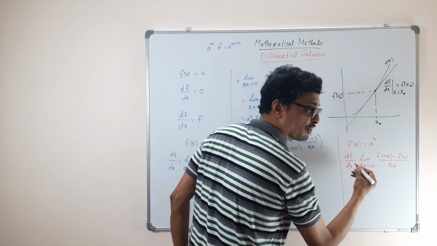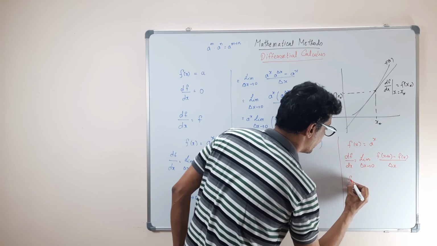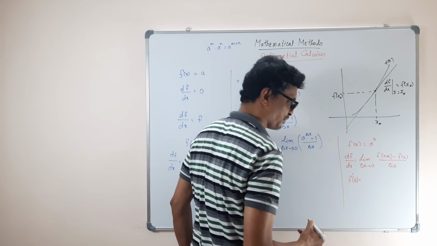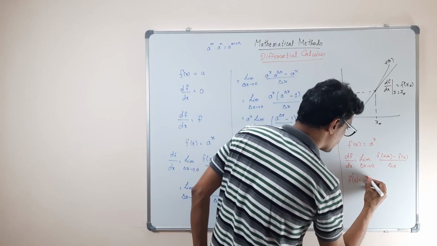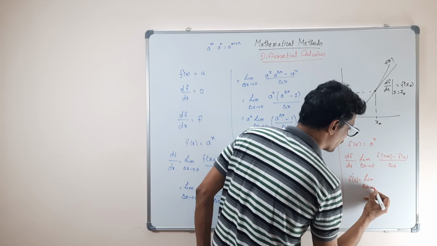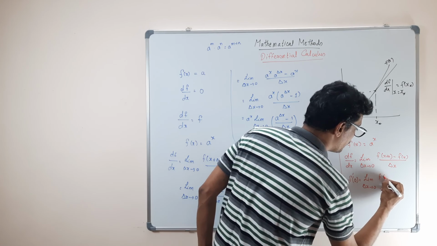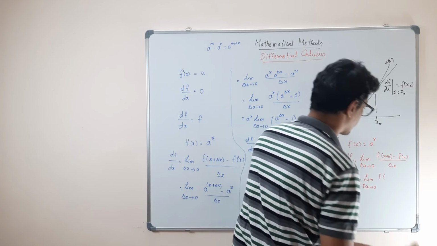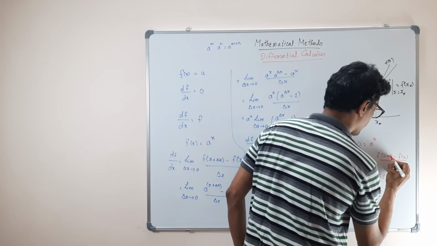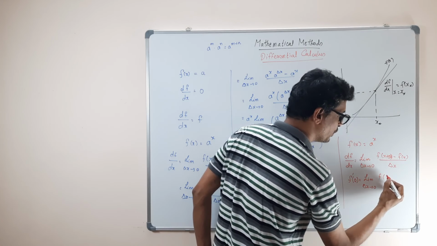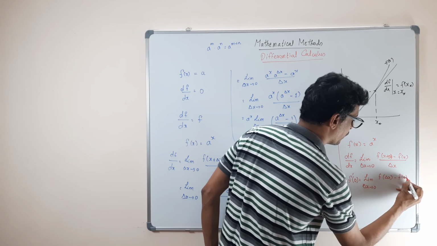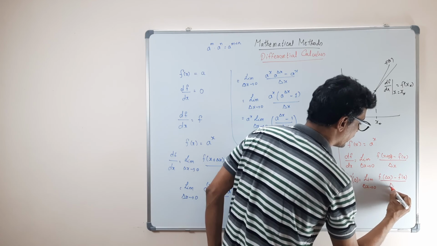Okay, so let me write it as f prime, that makes it short. f prime at x equal to 0. Then what happens? This will be limit delta x tends to 0, f of delta x minus f of 0 divided by delta x. Oh, sorry, I wrote it wrongly. Why didn't you correct me? Delta x. Okay.